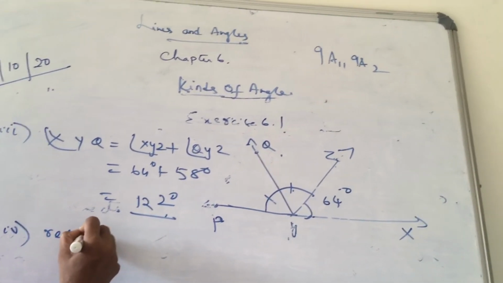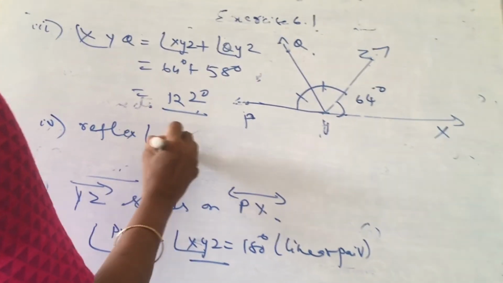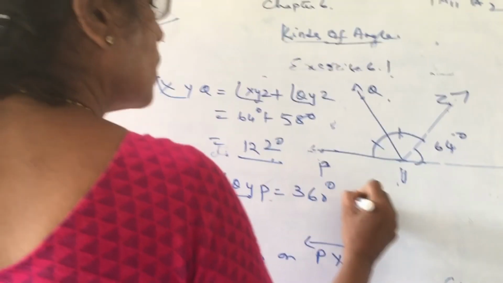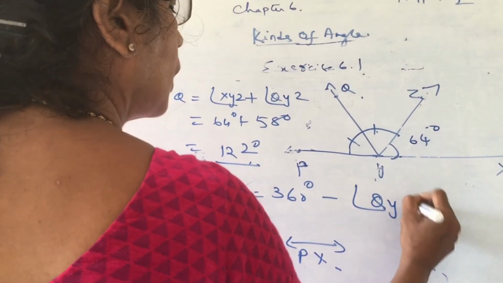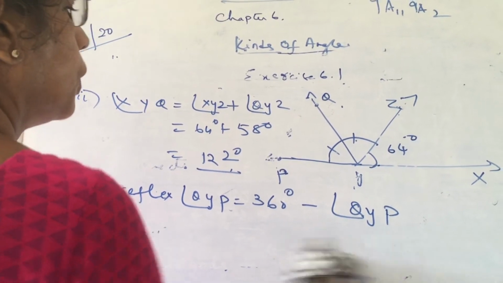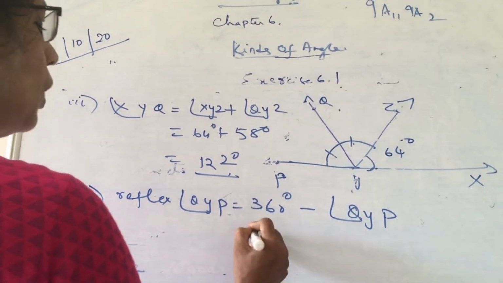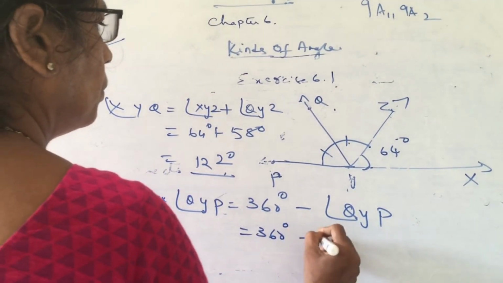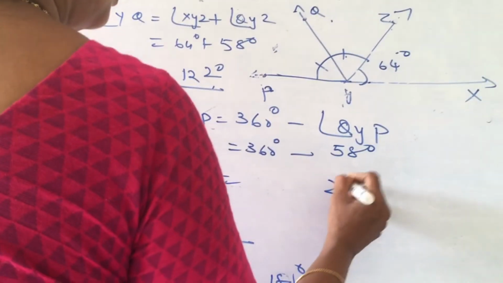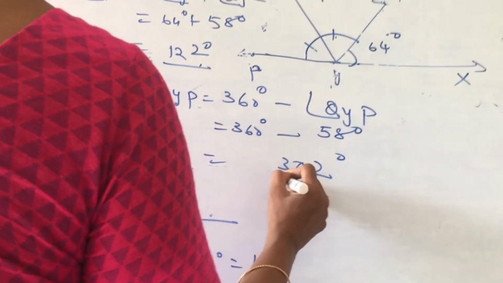Reflex angle QYP is equal to 360 degrees minus angle QYP. QYP or PYQ are same. That is 58 degrees. 360 minus 58 is 302.